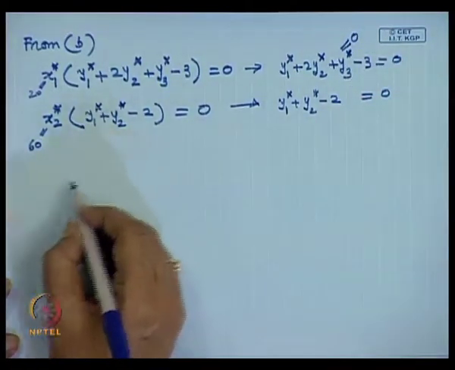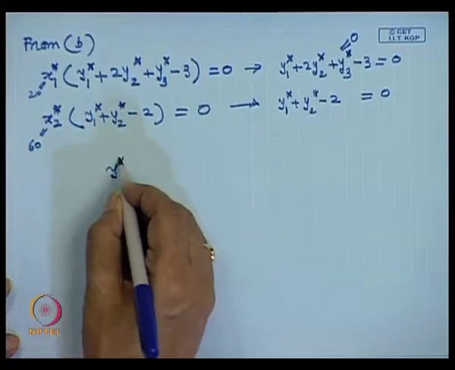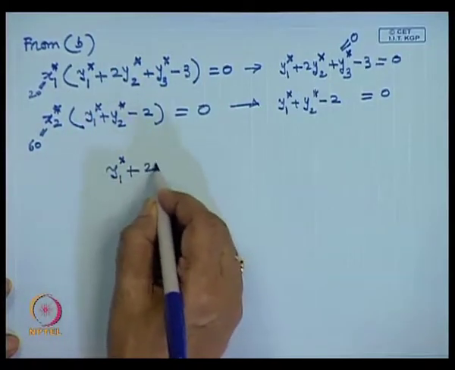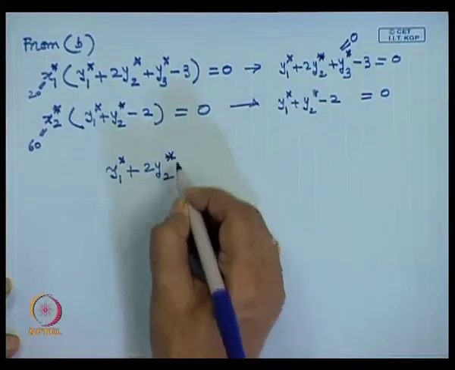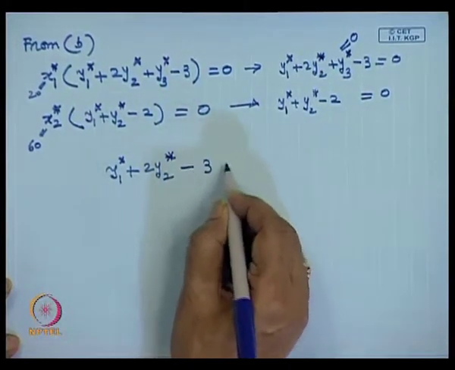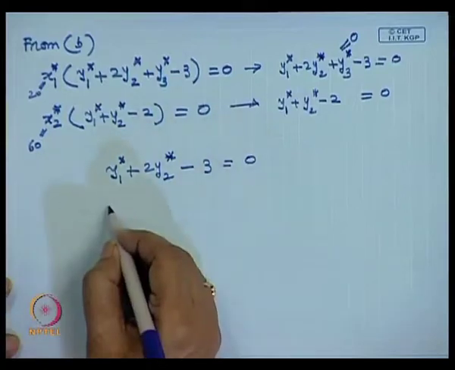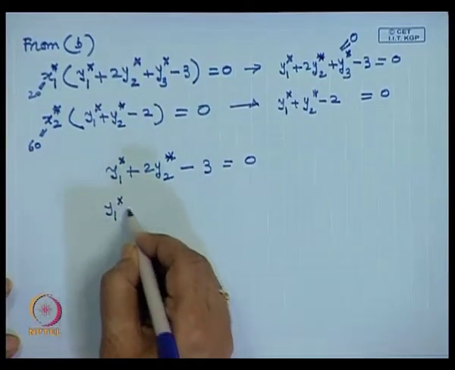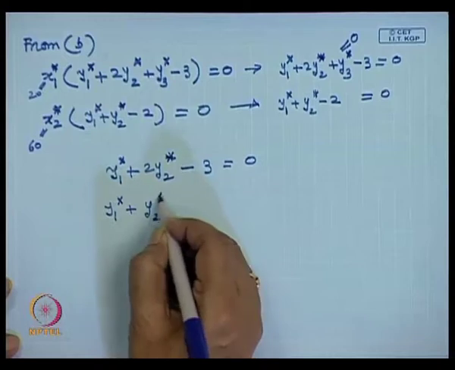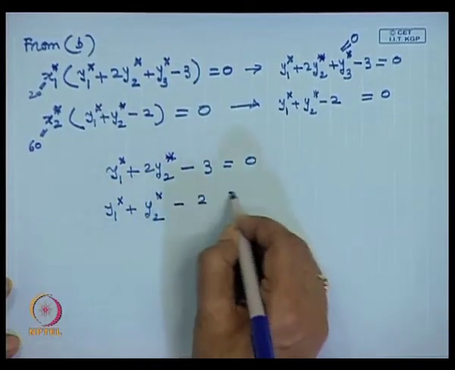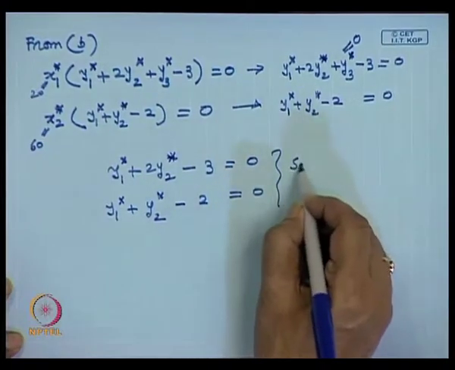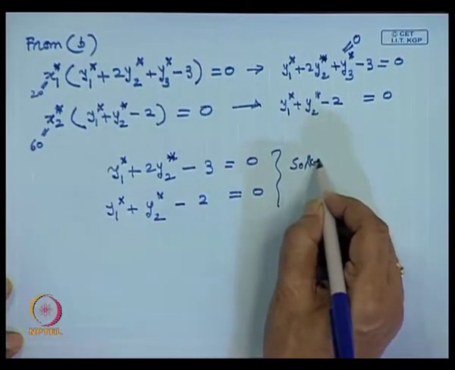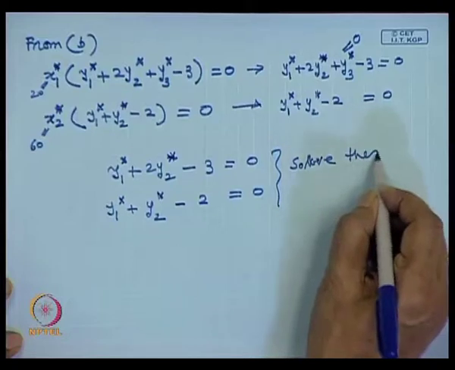So you have to solve two equations now: y1 star plus twice y2 star minus 3 is equal to 0, and y1 star plus y2 star minus 2 is equal to 0. Solve these equations.